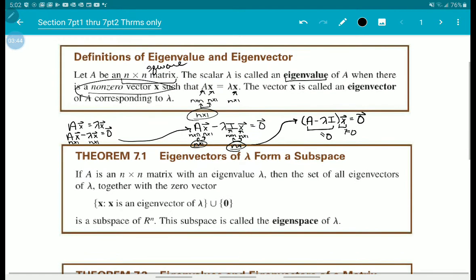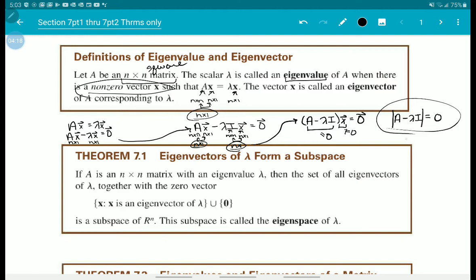So that must mean that the way we're going to find this value that's called an eigenvalue is to take A minus lambda I and set that equal to 0. And it turns out that when we do this, we're actually going to find the determinant of this matrix and set it equal to the number 0. That's going to give us our eigenvalues. The equation that we come up with is called the characteristic equation.